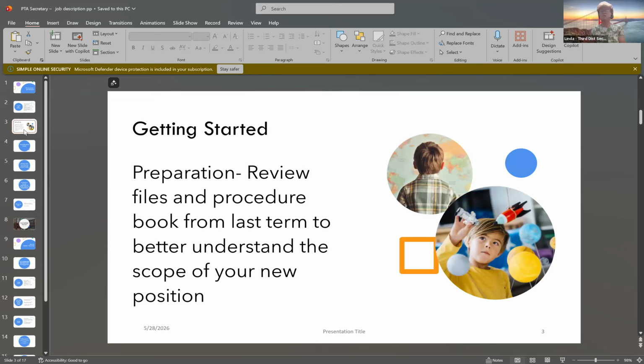So the best way to get started in your new role as secretary, best way to prepare, any files you can get your hands on, any previous minutes, if you have a procedure book, just to better understand your new position, what it entails, maybe get a taste of how the meetings go. You may even recognize things that don't need to be in the minutes.